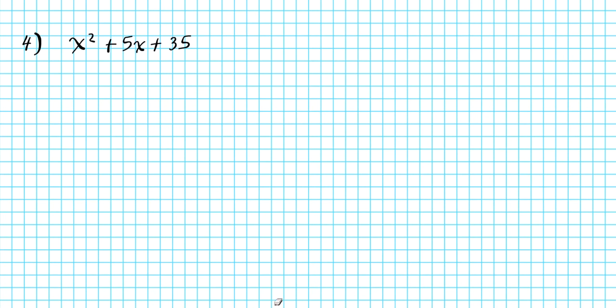So before we do that, let's ask ourselves, is there a greatest common factor that I can extract from these three terms? And the answer is no. There's no greatest common factor that can be factored out. So let's proceed to the next part, which is to use the x game.